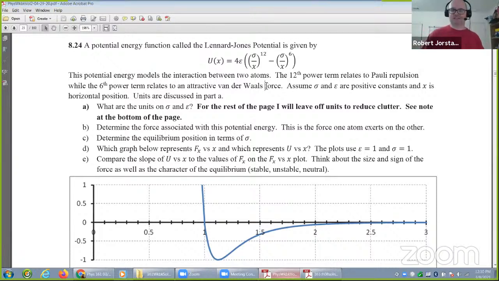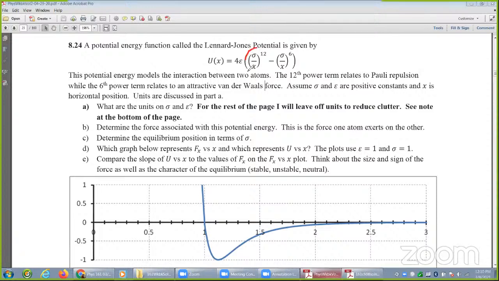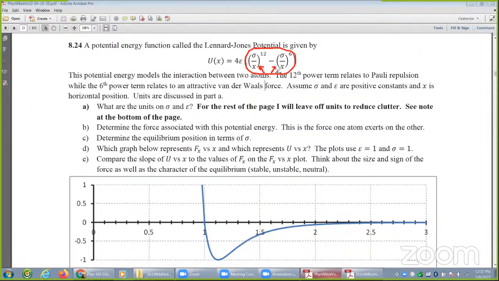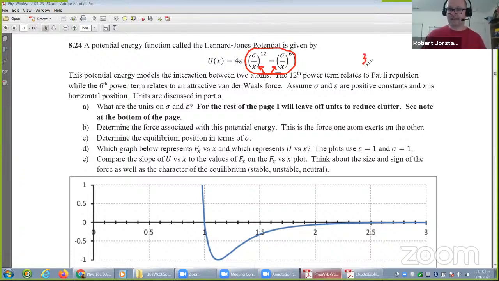Well, let me ask you this. How about we start with this term inside the parentheses? I claim we can tell something about the units of this. Well, what should be true about these two terms if we're subtracting them? They both have to be the same units. Okay, so now you're telling me that something to the 12th minus the same something to the 6th has to have the same units.